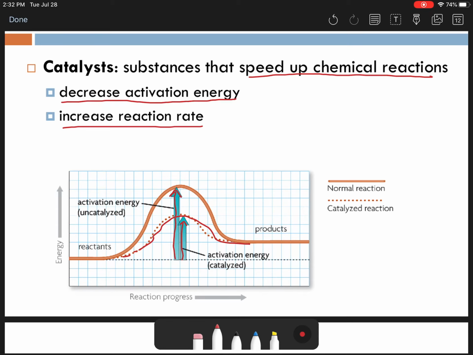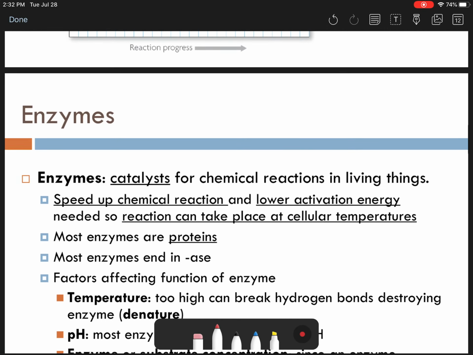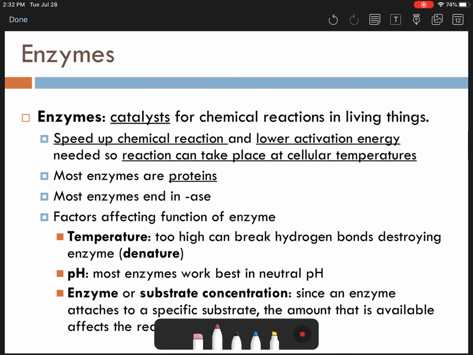That allows our reactions to occur at temperatures that are appropriate to our bodies if we can lower that activation energy. So enzymes are catalysts for chemical reactions in living things. They speed up chemical reactions. They lower the activation energy needed.